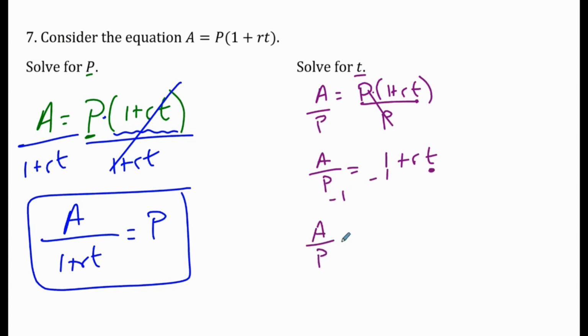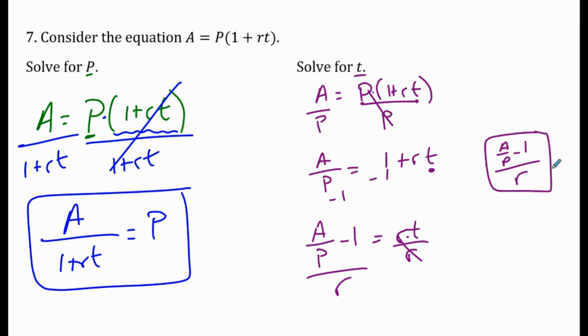A over p minus 1 equals rt. We're almost there. I don't care about r times t, so let's divide by r, because I want to get t alone. So my final answer appears to be a over p minus 1, all over r. It's a nasty answer, but that's what t equals.